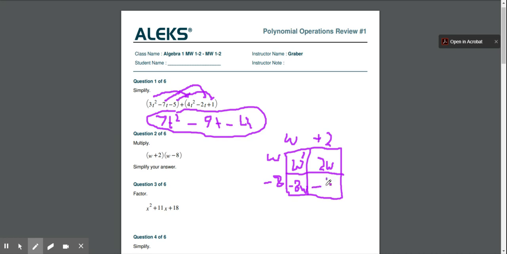And we add all these together, which gives us W squared plus 2W minus 8W minus 16.